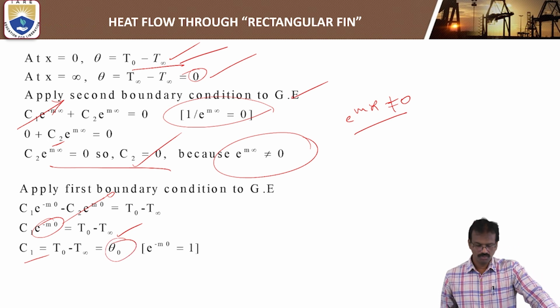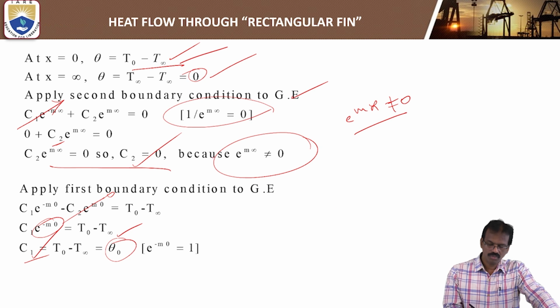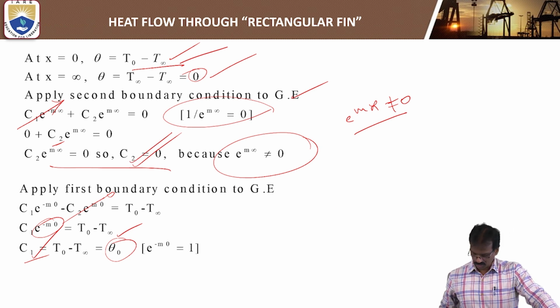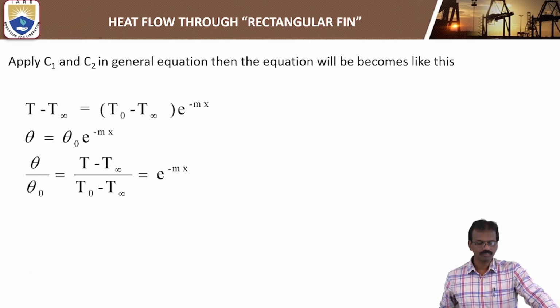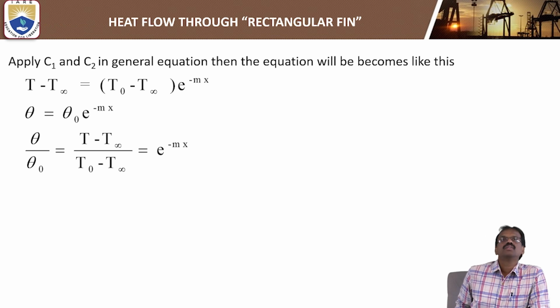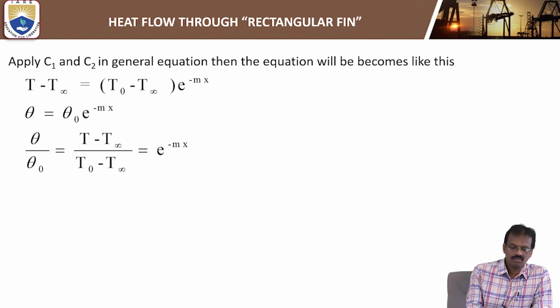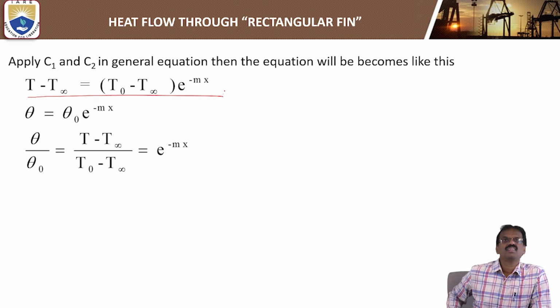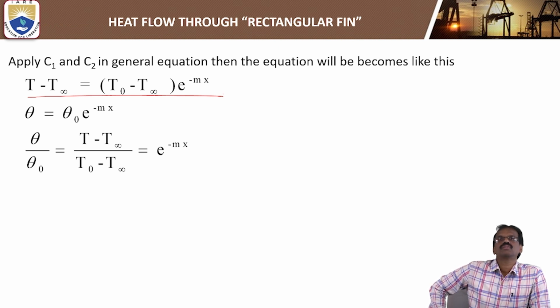Then you know the value of C1 and you know the value of C2. Substitute these values in the general equation, and we will get this formula finally.